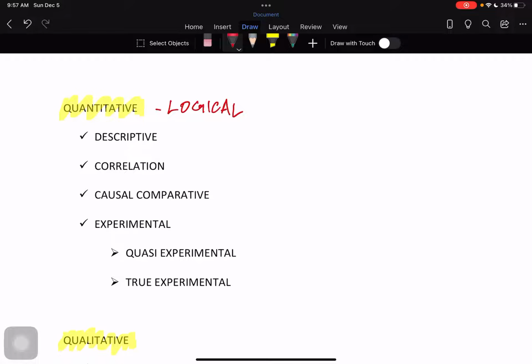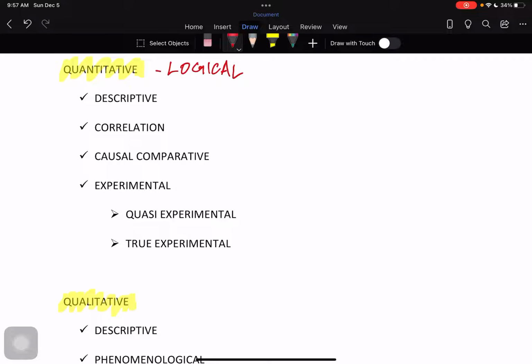Not that qualitative is not logical, but I was referring to the function of the brain. So, half of your brain is logical, half of the brain is artistic. Okay? Based, if I recall it correctly from my previous lessons during my tertiary level.